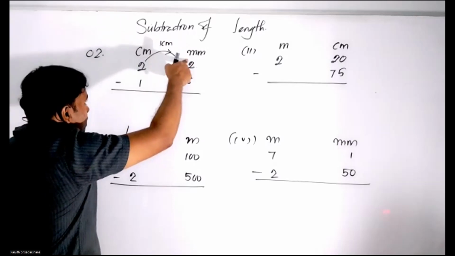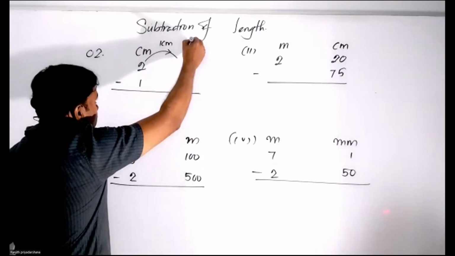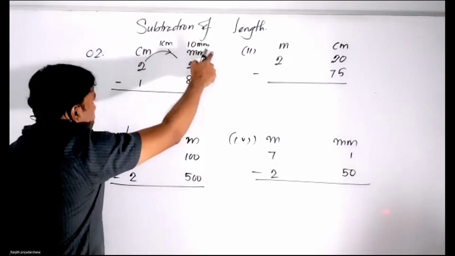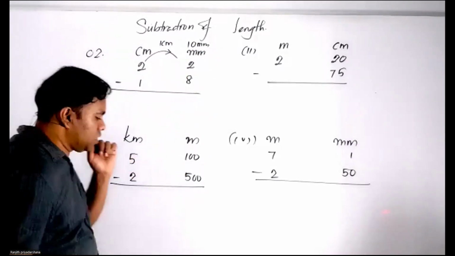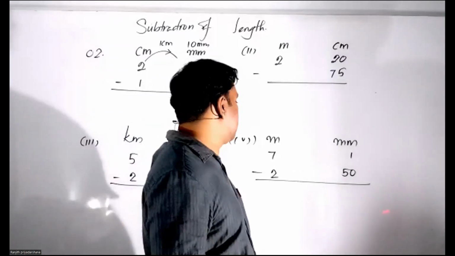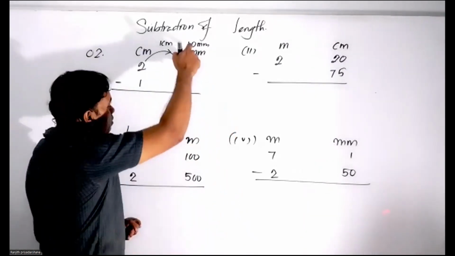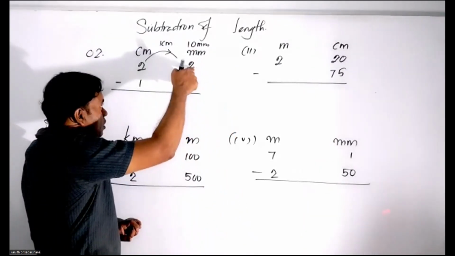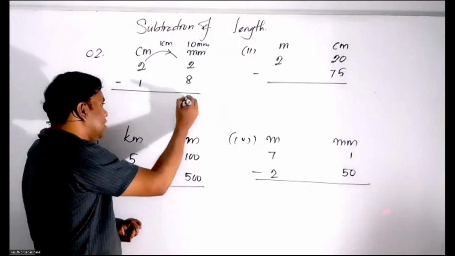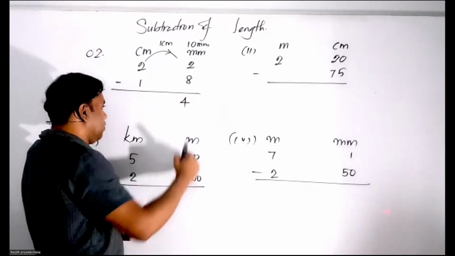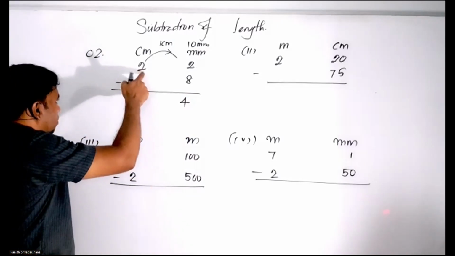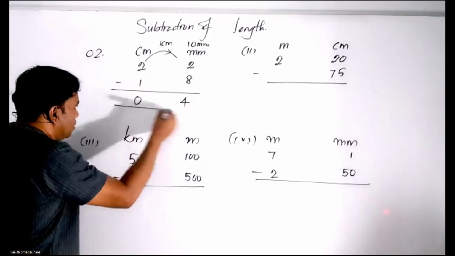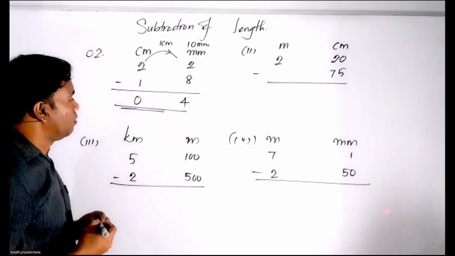When it comes here, it becomes 10 millimeter. So 10 millimeter plus 2, then it becomes 12 millimeter. 12 millimeter subtraction 8, 4 millimeter. What remains here now? 1. 1 subtraction 1 is 0, right? So answer is 4 millimeters.